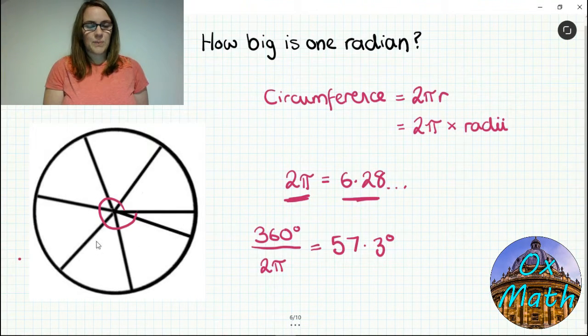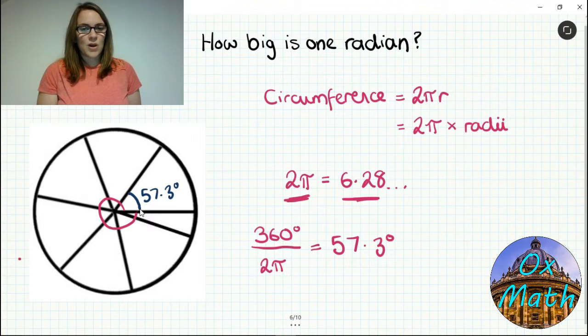So each part of this circle, each radian, is equal to 57.3 degrees, which makes sense in terms of what you know about degrees, because if you picture an angle of 57.3 degrees, that does make sense. So 1 radian is equal to 57.3 degrees, which is very important.